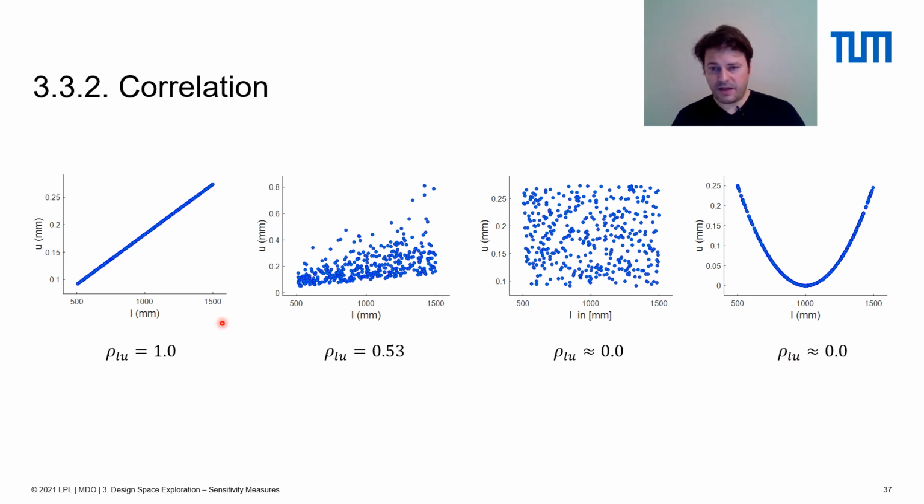So you can see that for a correlation coefficient being 0, you cannot strictly conclude how relevant a design variable is. However, if it is 1 or -1, then this is sufficient for a design variable being relevant.